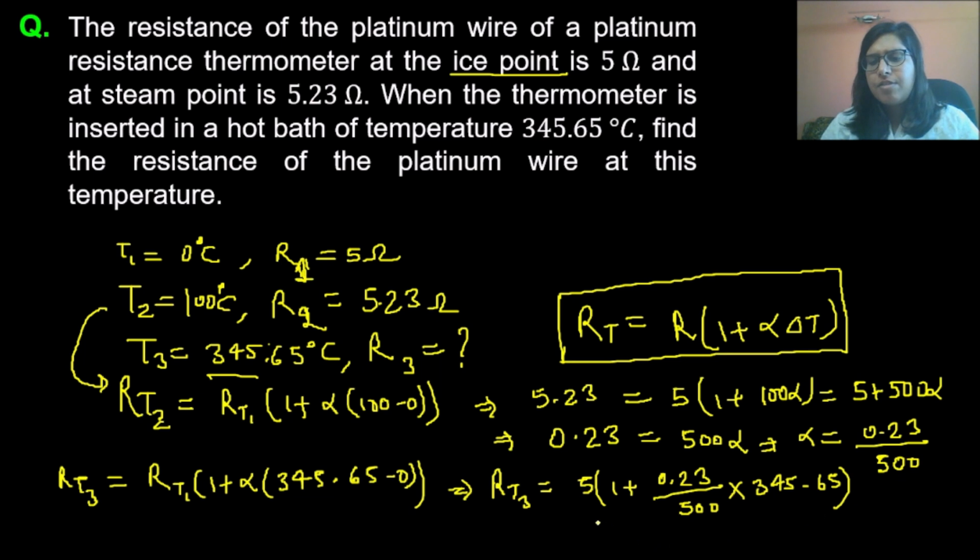So calculate this value and we'll find the resistance of the wire at 345.65 degree centigrade, right? So remember this formula, you can easily find the resistance at another temperature using it.